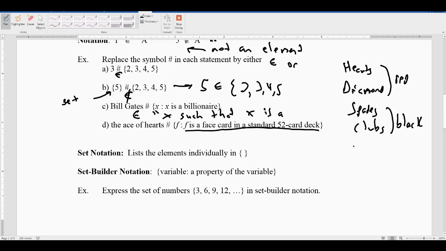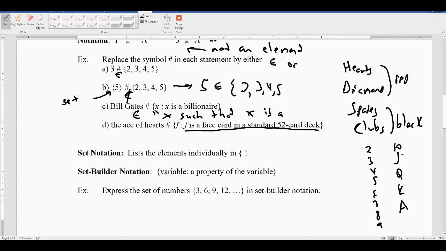Now the ace, depending on what game you're playing, could be the smallest, could be the largest. But they all have a 2, 3, 4, 5, 6, 7, 8, 9, 10, Jack, Queen, King, Ace. So if you count 1, 2, 3, 4, 5, 6, 7, 8, 9, 10, 11, 12, 13, there's 13 cards total. And since there's 4 suits, 13 times 4 is 52.